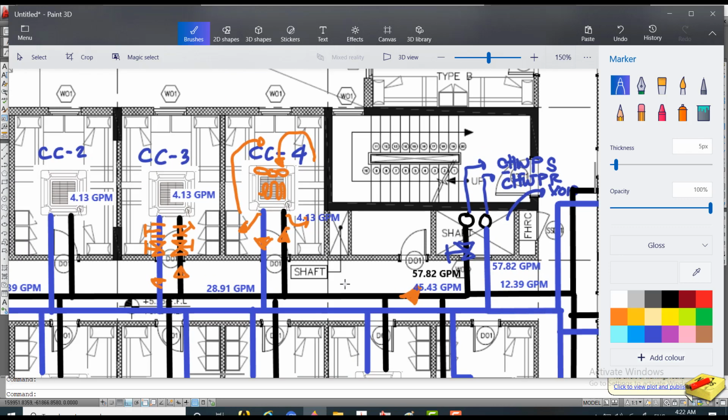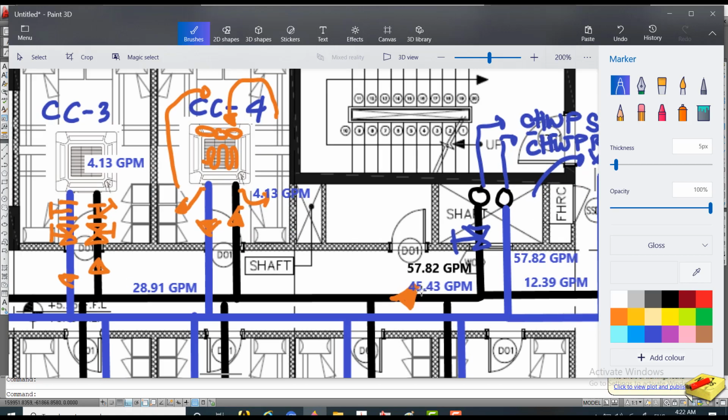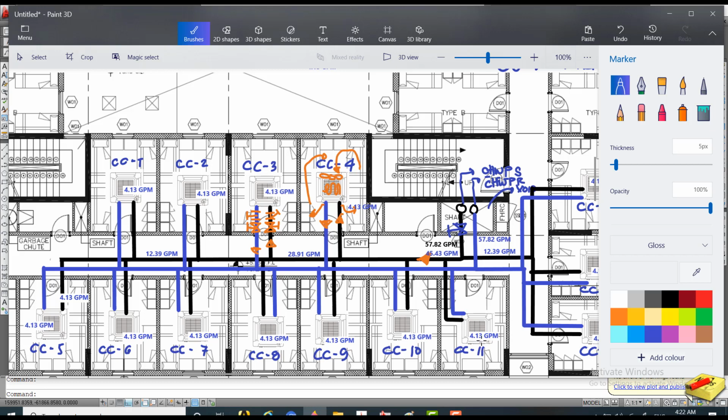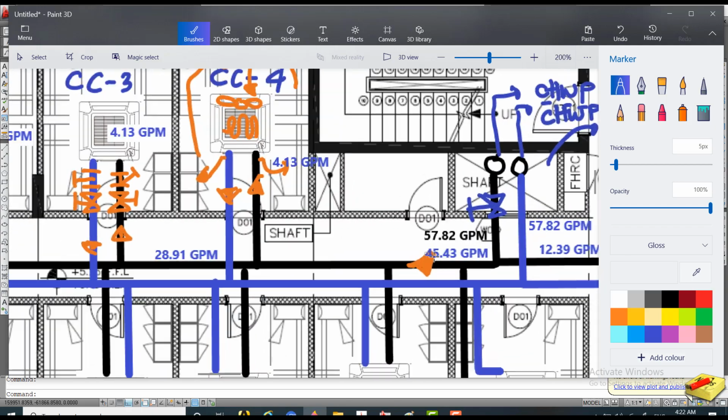So since yung how we arrived at 45.43 is the summary lahat nito. So we have 1, 2, 3, 4, 5, 6, 7, 8, 9, 10, 11. So that is 11. So that will be 4.13 times 11. So we have 45.43. So that will be yung value nito.